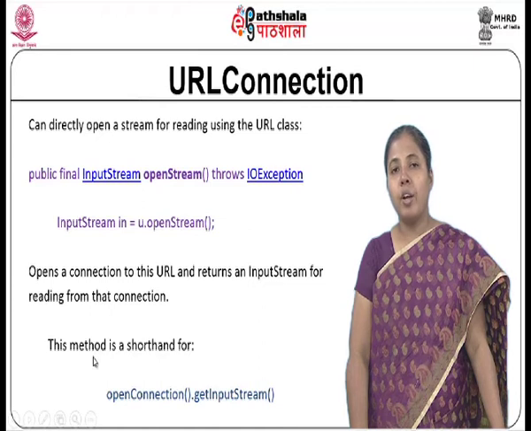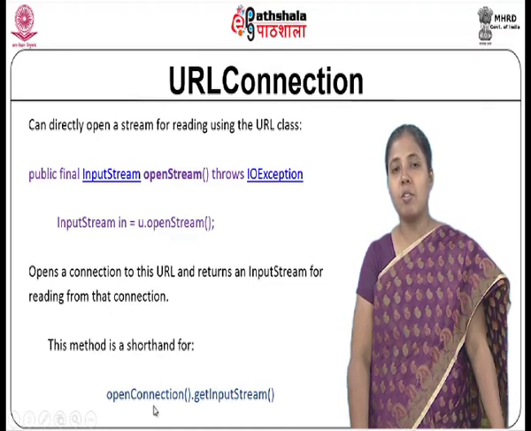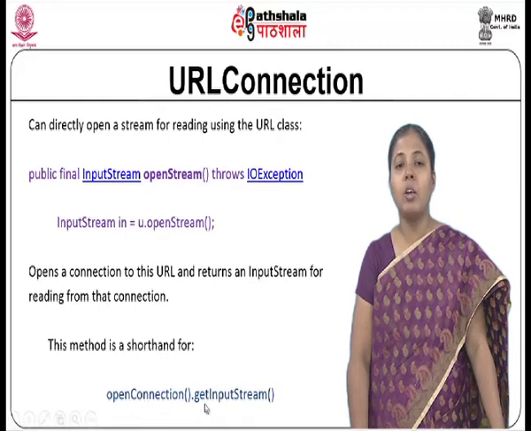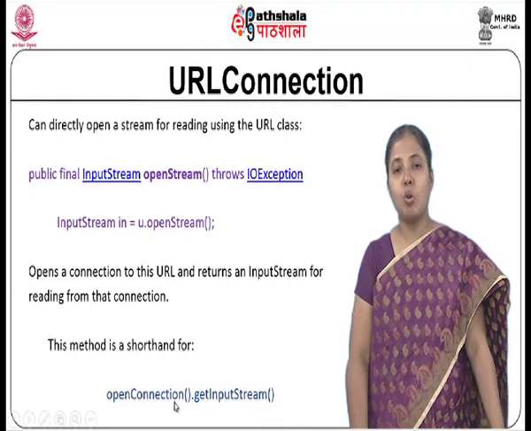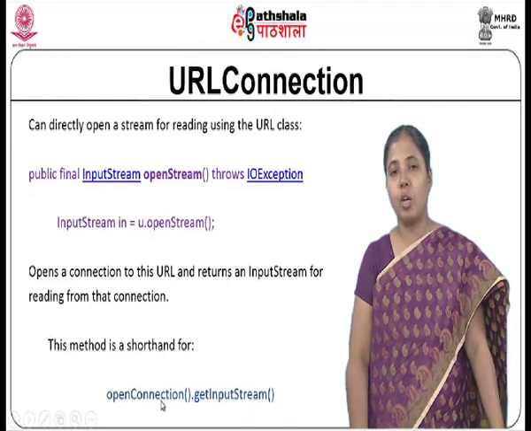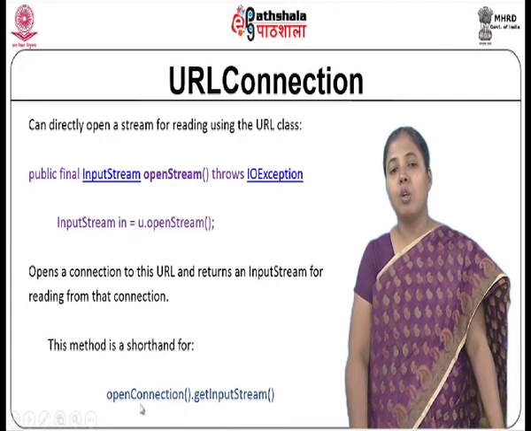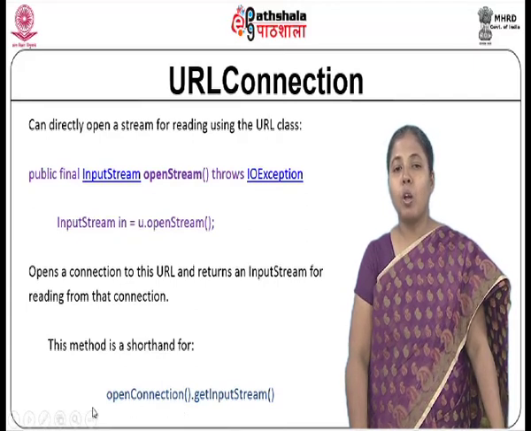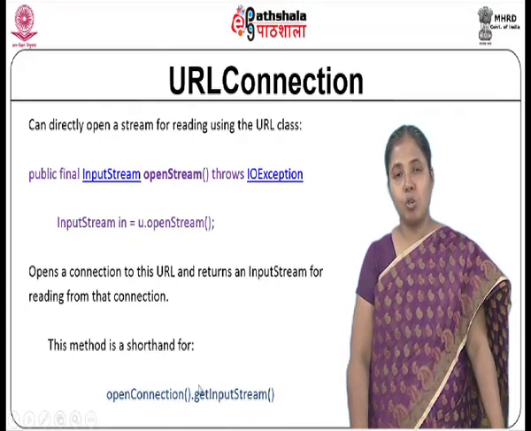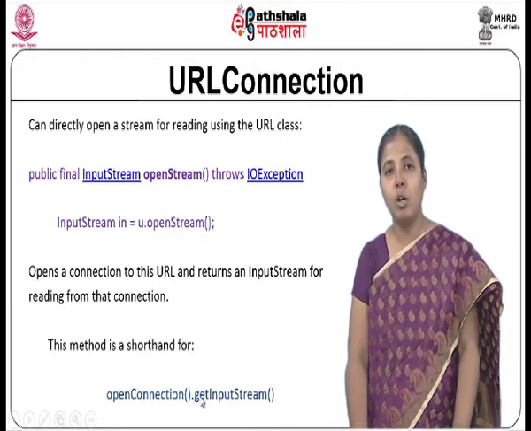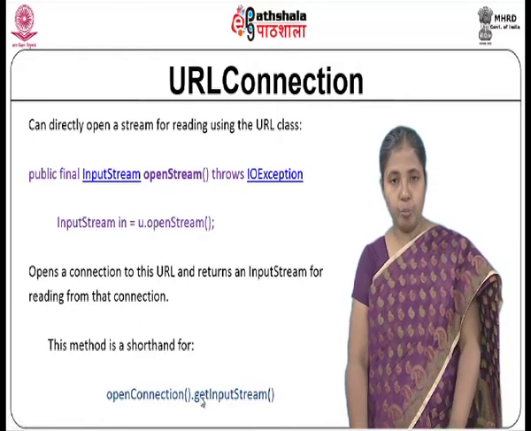The shorthand of using this method looks like this. openConnection gives us a URLConnection object, so instead of using a URLConnection object, you can directly use the openConnection method dot getInputStream, which also returns an input stream for the URL to read the data from the URL.